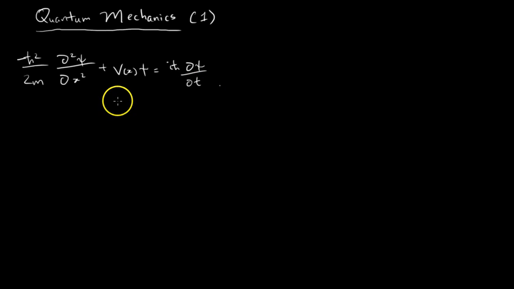So basically this equation is relating space and time of a wave function. It's showing the evolution of a wave function as time passes. That's why this equation is so famous, because it shows the evolution. It's not just a random equation. It's a fundamental equation of quantum mechanics.